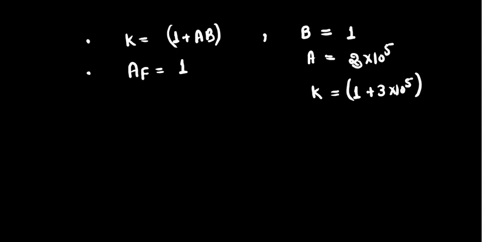So accordingly you can see that AF is 1. You have to see A upon 1 plus AB.